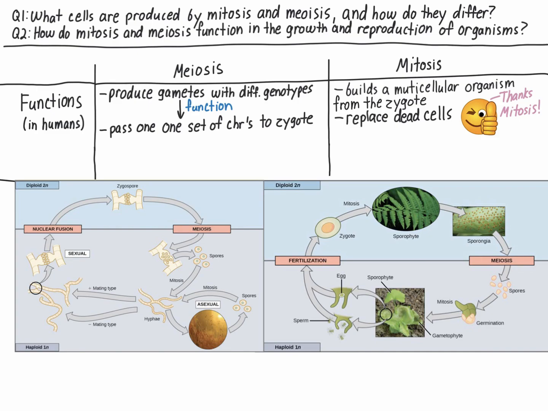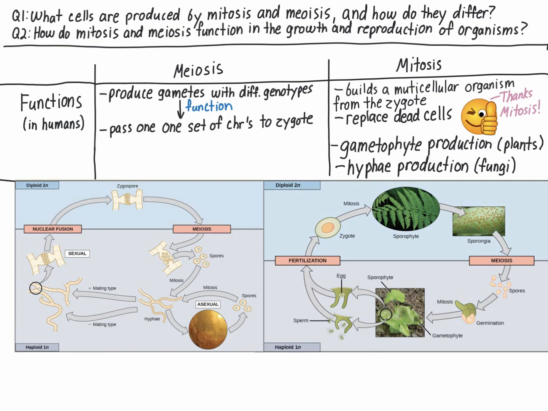In plants, this production of haploid cells from other haploid cells through mitosis is responsible for the production of gametophytes. These are the multicellular haploid structures that house the sperm and the egg. In fungi, single-celled haploid spores undergo mitosis to produce haploid multicellular hyphae.